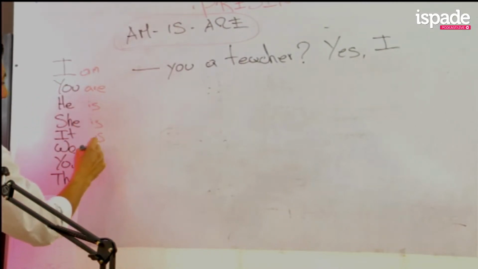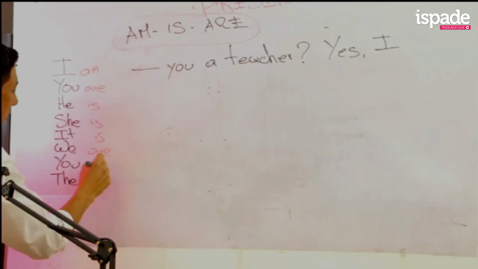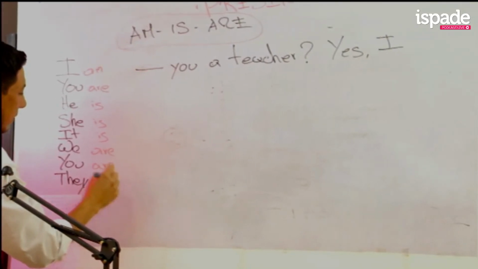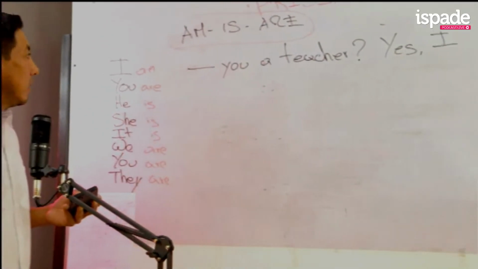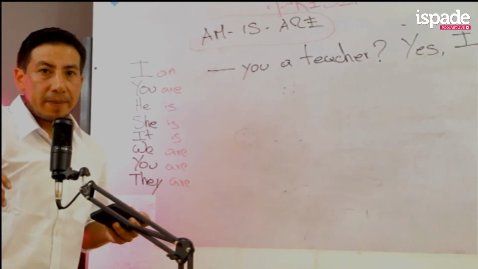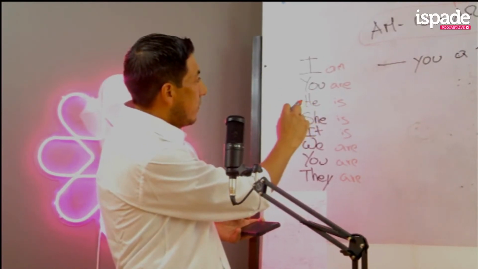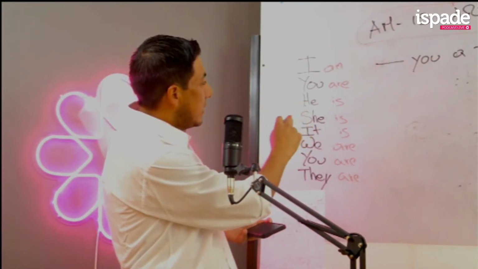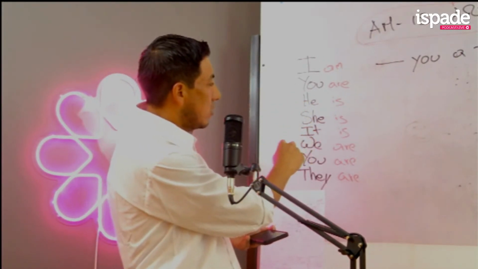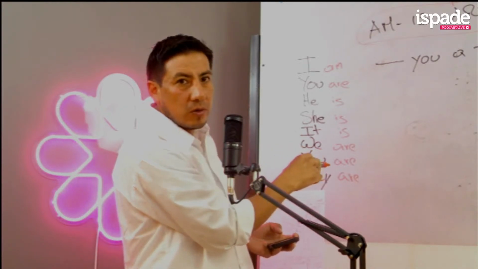It is. We are. You are. They are. Okay, so now we know this. It means yo soy o yo estoy. For example, I say yo soy, tú eres, él es, ella es, esto es, nosotros somos, ustedes son, ellos son.